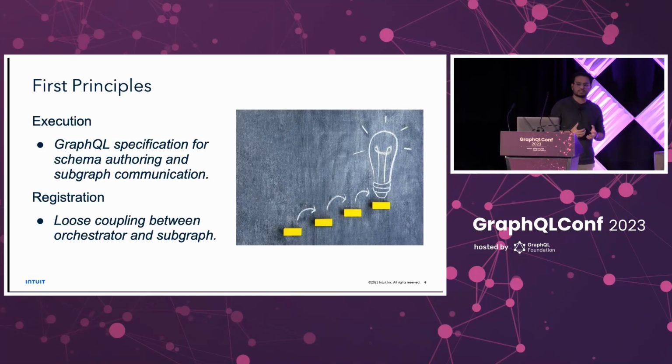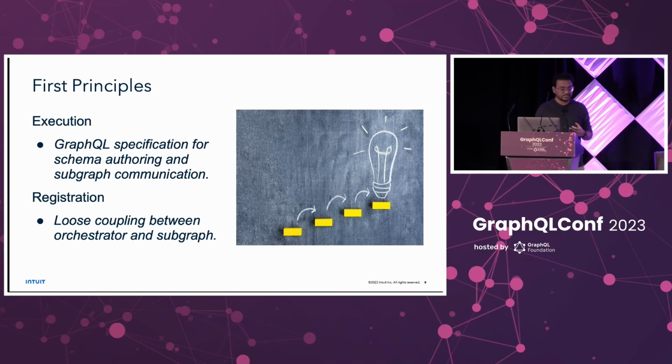So with the learnings and takeaways from our experience with the GraphQL world, we established 2 fundamental first principles, one on the execution side and the other on the registration side. On the execution side, we decided that we'll follow the GraphQL spec as the standard format for schema authoring, and even for the communication between the subgraph and the supergraph.